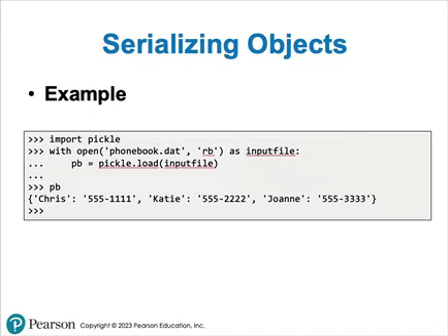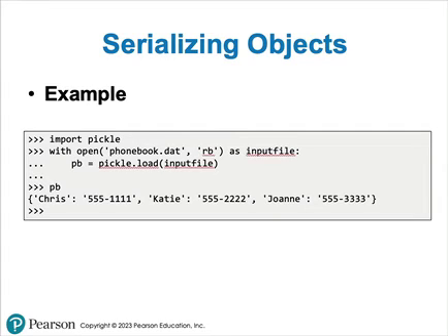Again, we need to specify that it is a binary file, and then we say PB, our abbreviation for phone book, equals pickle.load, and then we print out PB, and you will see that we have a dictionary that has 3 people, their name being the key and their phone number being the value.